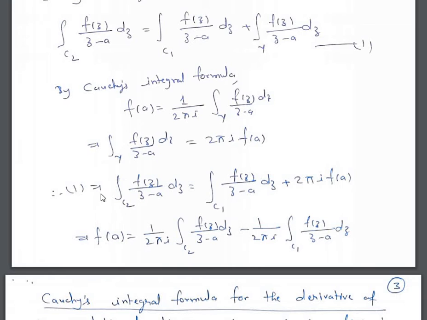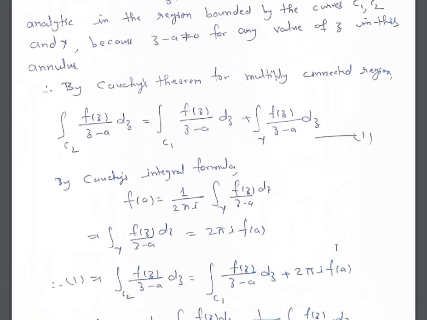Now take this integral on this side and then divide by 2 pi i. We have f(a) is equal to 1 upon 2 pi i integral over C2 f(z) upon z minus a dz minus 1 upon 2 pi i integral over C1 f(z) upon z minus a dz.